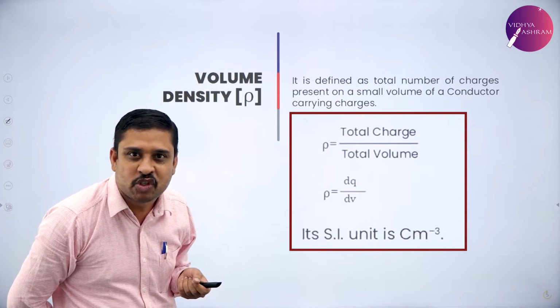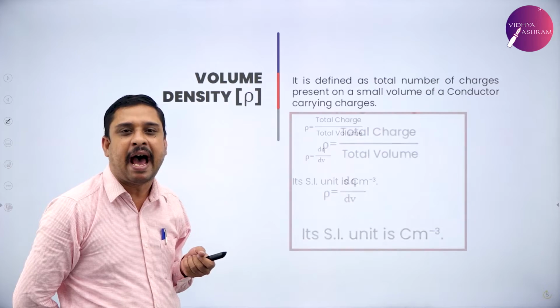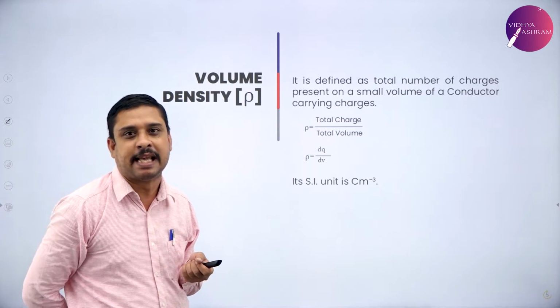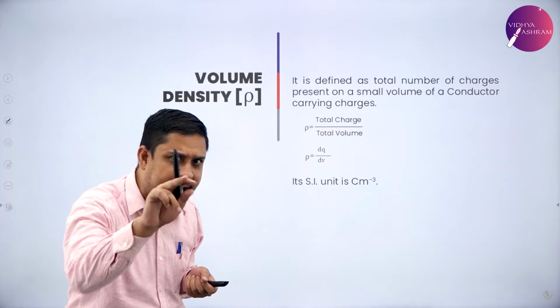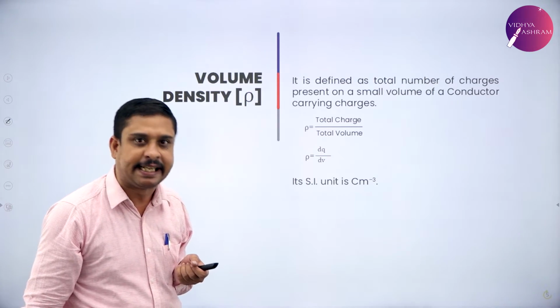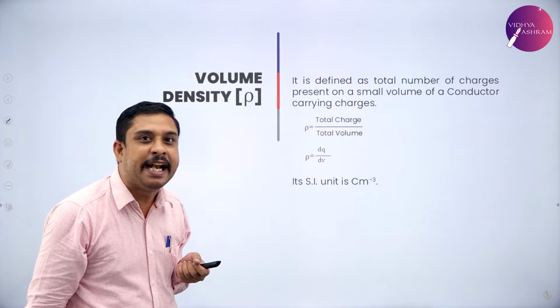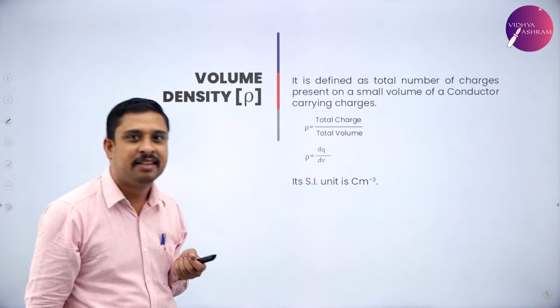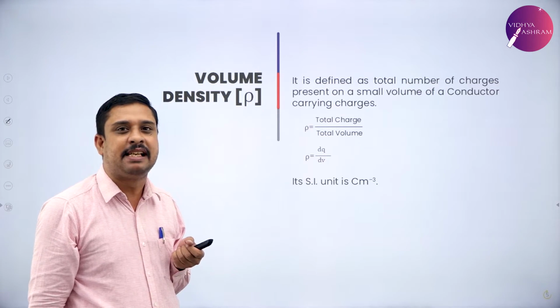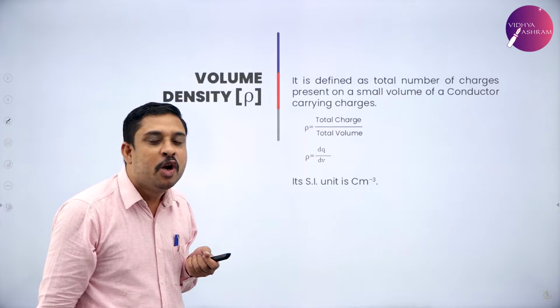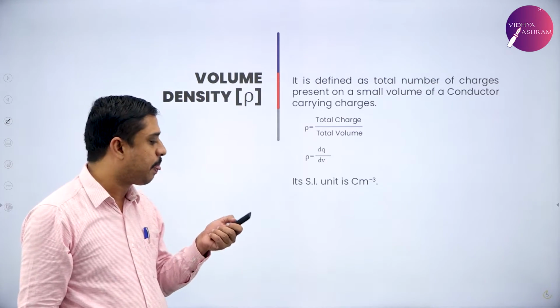It is three-dimensional, so wherever we have electrodynamics, we go over to this concept. Please do highlight surface density, total charge divided by total area, and linear density, total charge divided by total length.